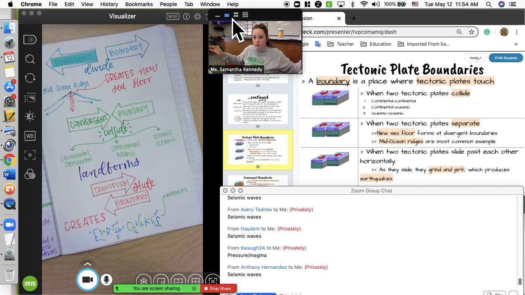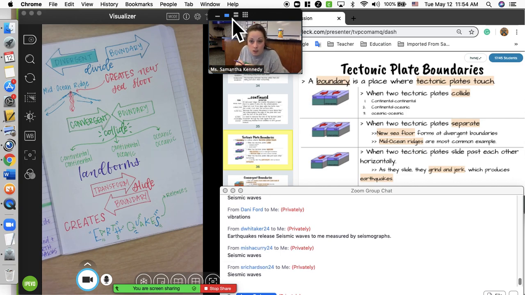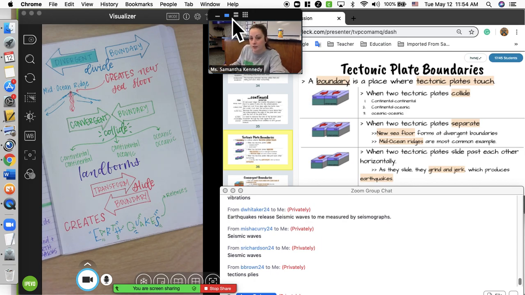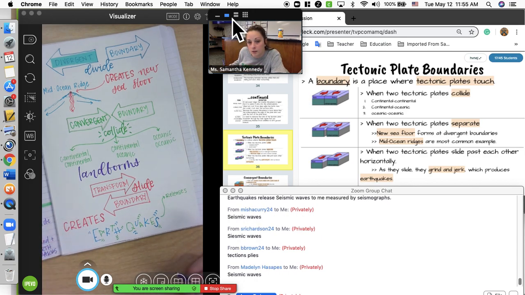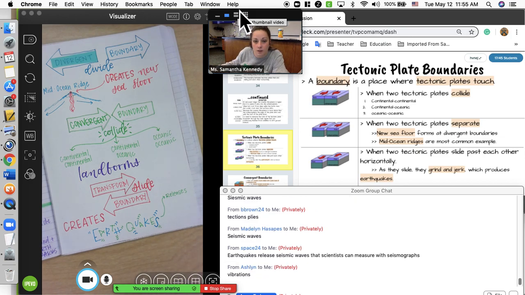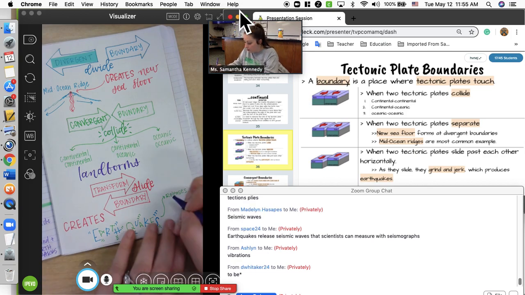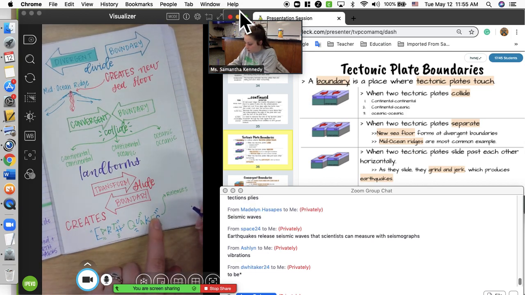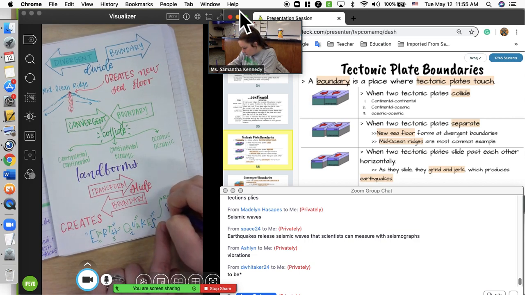It sends this throughout the Earth in all directions. Very good. Danny, what are those vibrations called specifically? Ooh, Delaney is specific. Very good. So earthquakes release seismic waves.